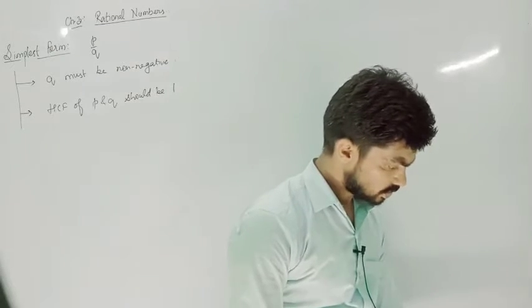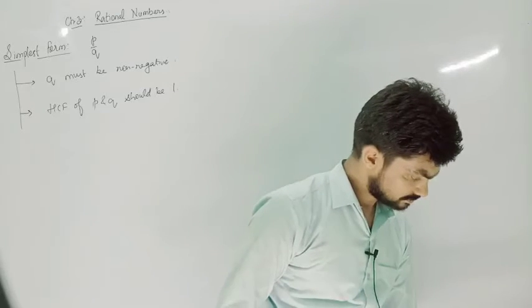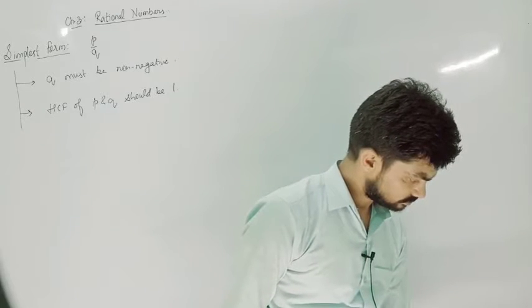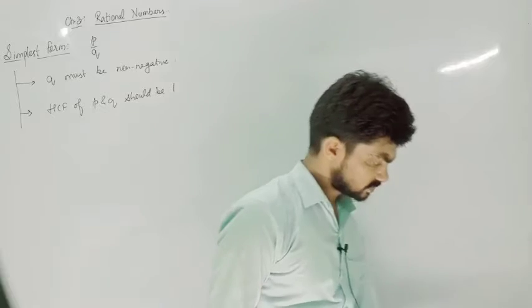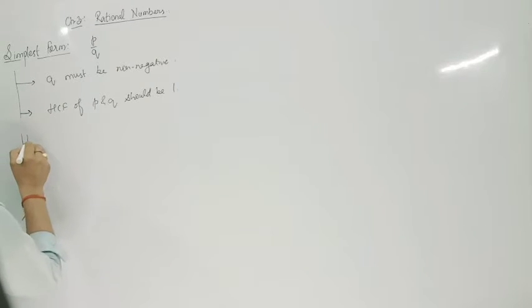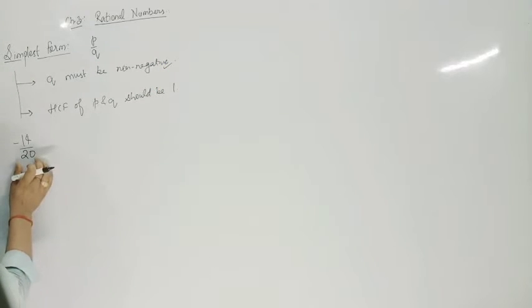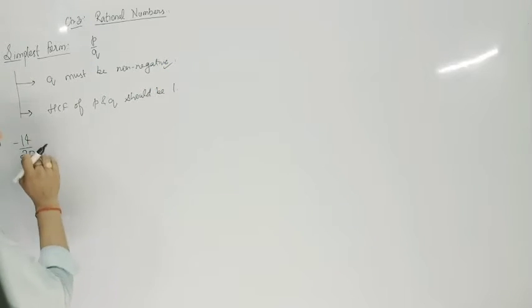Okay, so let us see what the simplest form is. See here, we are given, suppose, 14 upon 20, suppose minus 14 upon 20. First, the denominator should be positive, so it is positive, but the GCF is not 1.